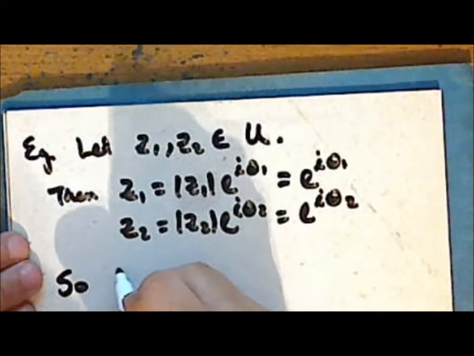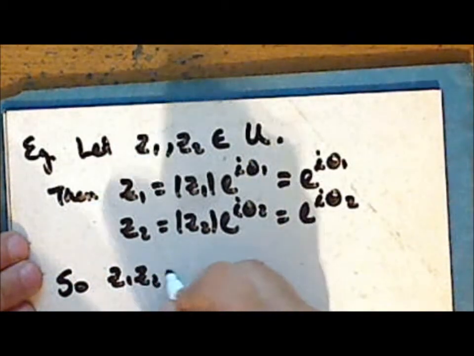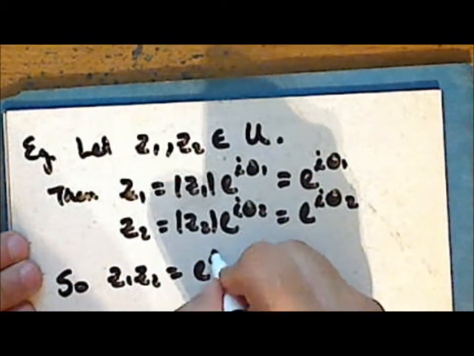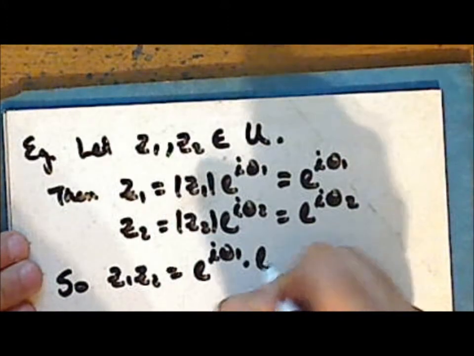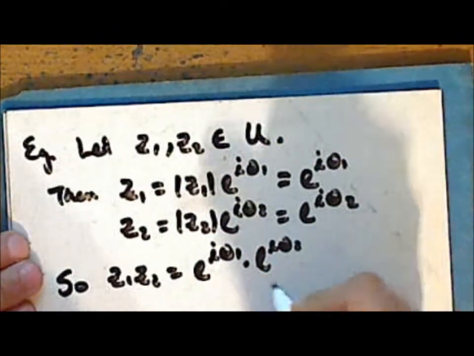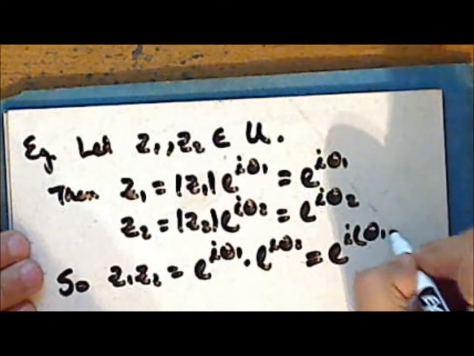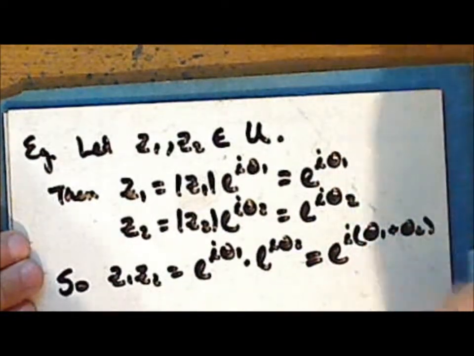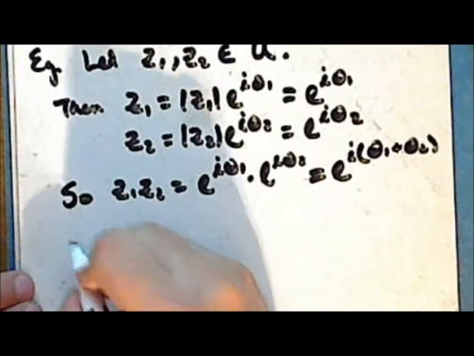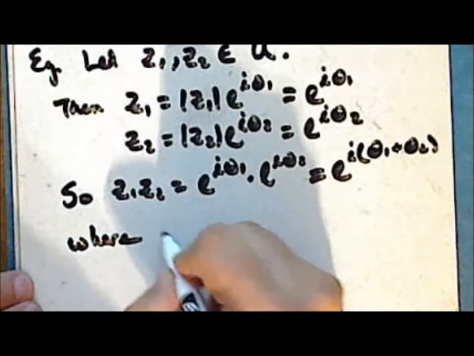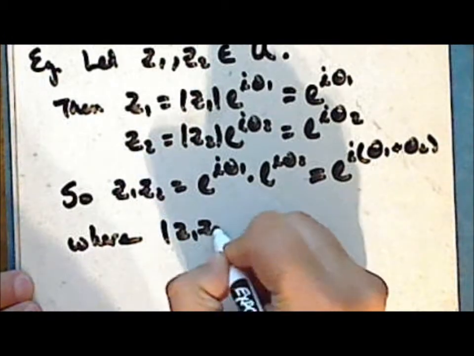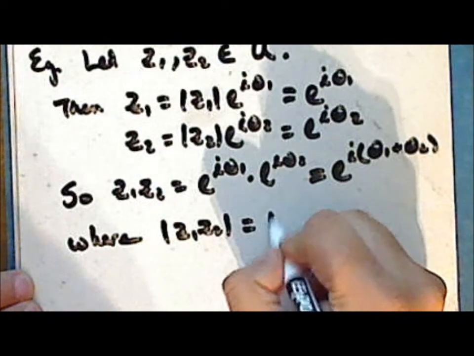And so the product, Z1 Z2, is e to the power of i theta 1 times e to the power of i theta 2, which is e to the power of i times the sum theta 1 plus theta 2, where the modulus of the product Z1 Z2 is 1.